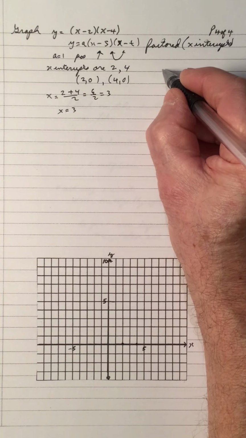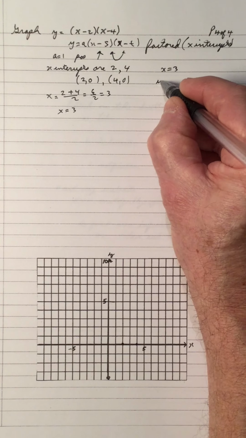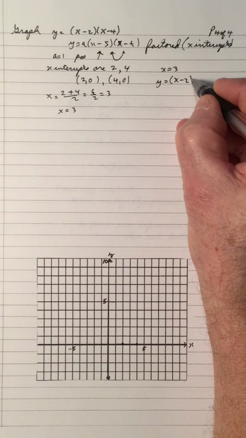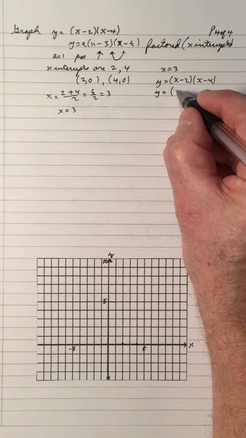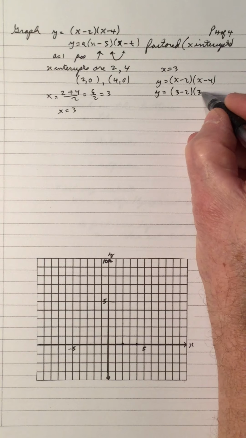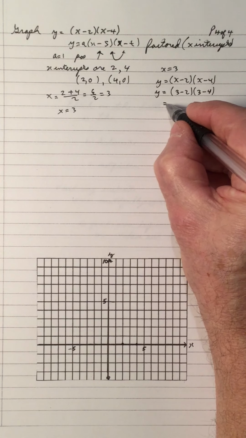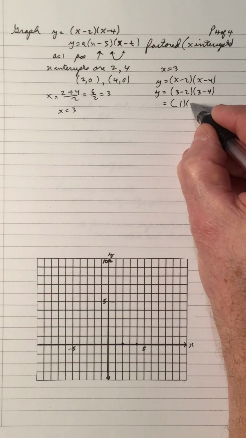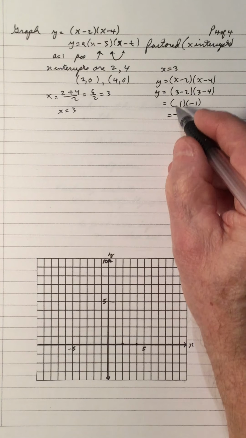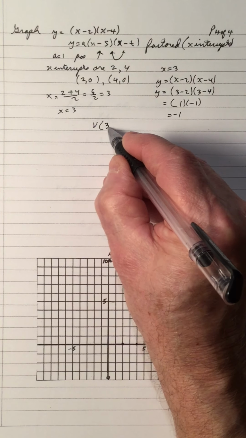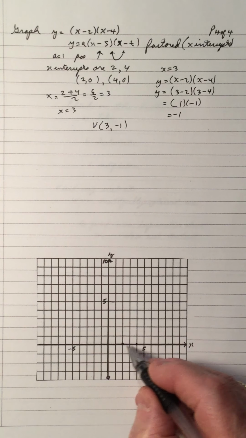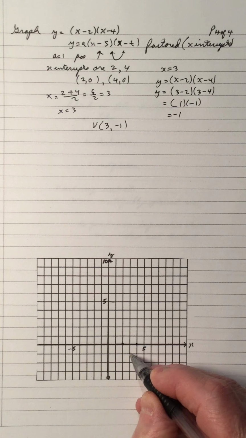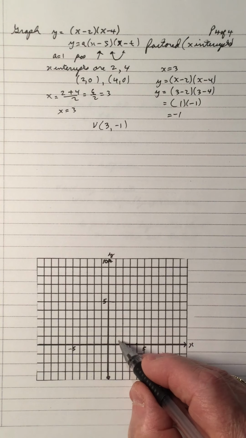So if you take x = 3 and sub back into the equation, I'm going to sub 3 in for x, and that gives me 1 times -1, which is -1. So the vertex is (3, -1). And you can see going up from the vertex to these 2 points.